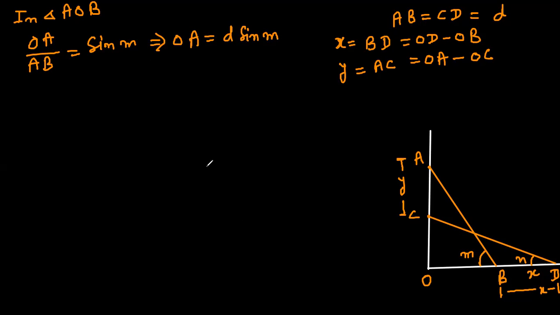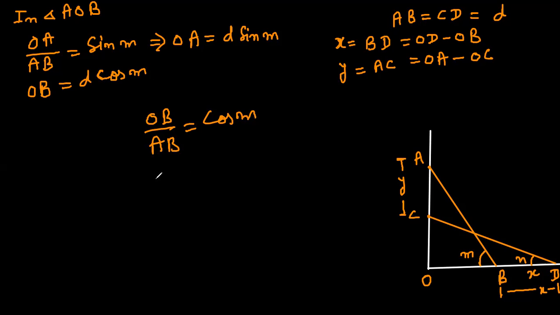Similarly, we can find OB also. OB over AB is cos of m. So can we directly say OB is equal to d cos m? Actually, if you want to show all the steps, you can say OB divided by AB is equal to cos of m.